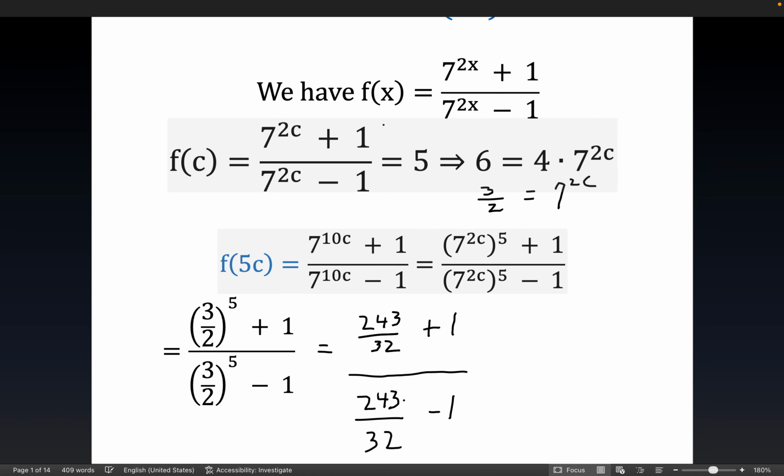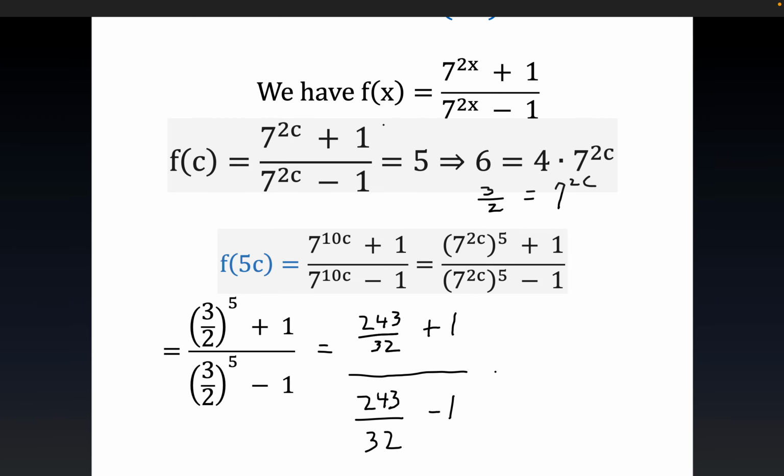Now, if you multiply through by 32, I'll do both of these steps, you would have 275 on top. Just multiply top and bottom by 32 and you'll get this 275 over 211.